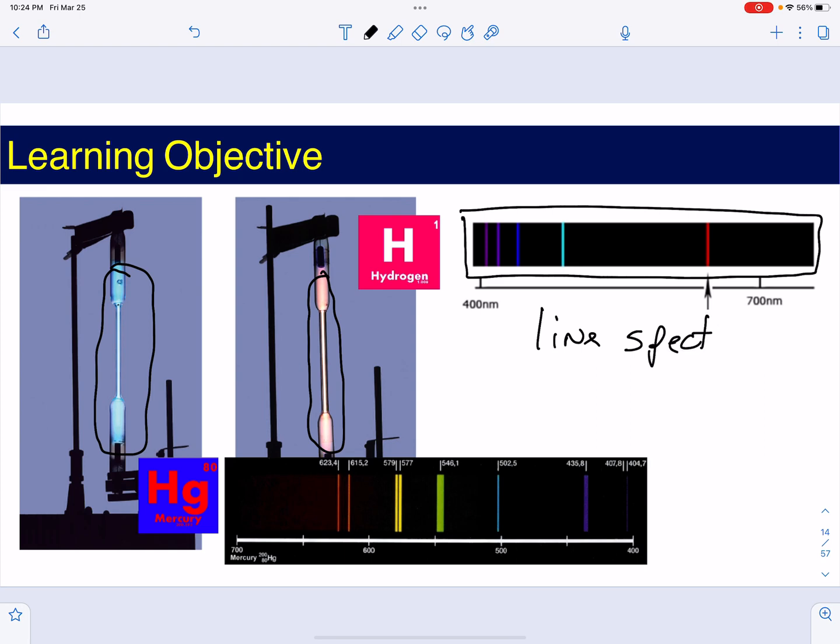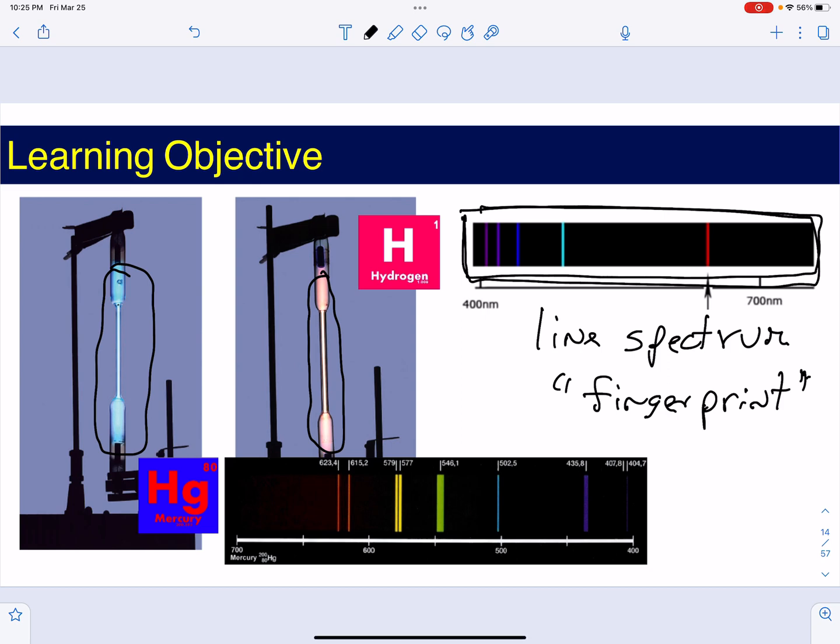And this line spectrum, we have come to learn, is like a fingerprint for the element. So every time you see this particular line spectrum, you know that what you're looking at is hydrogen.